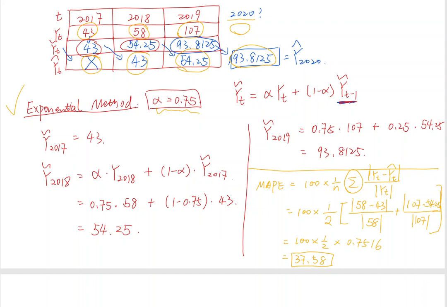So you may ask, is the exponential method always better than the simple moving average method? Of course not. It depends on how you choose this parameter, right? So if you choose alpha equals, let's say for example, 0.45 or 0.65, the MAPE will change, right? So you cannot say always, all right? Okay, so it depends on how you set the alpha and L, right?